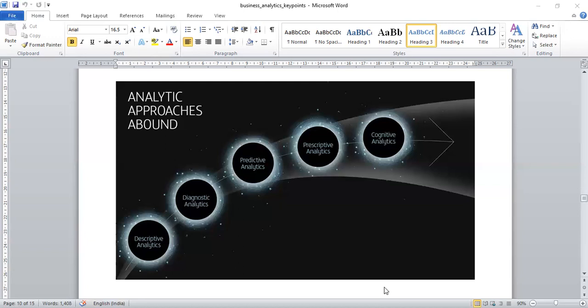When you are using an ML algorithm, that obviously reduces the possibility of human error. So prescriptive analytics, when it is fed with a large volume of data, can give you a very effective solution.